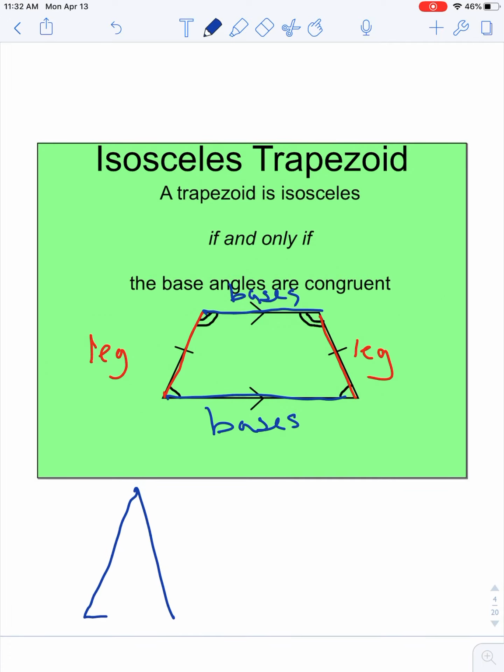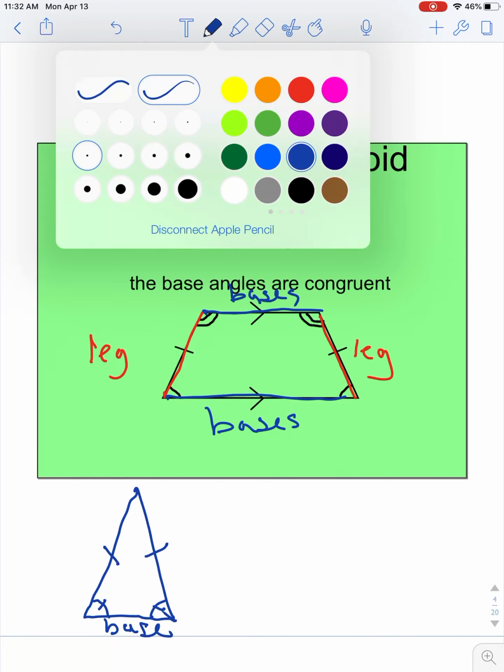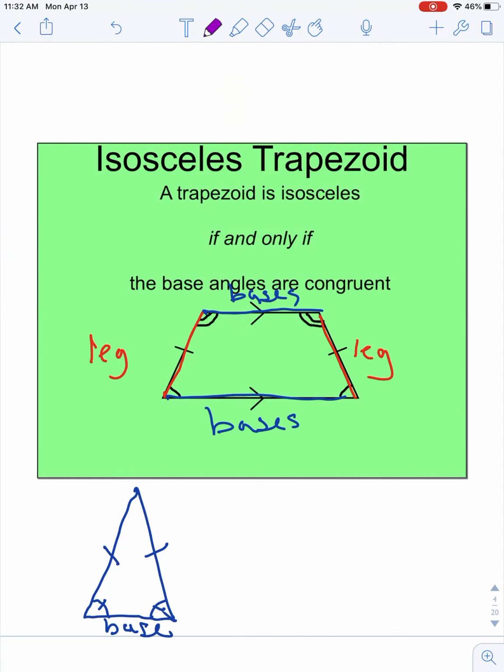If we had an isosceles triangle, this was our base, and the legs were congruent. And we also knew that the base angles were congruent. Okay, so if these are the legs right here that we're talking about, then the angles opposite those legs, excuse me, not the sides, the angles.